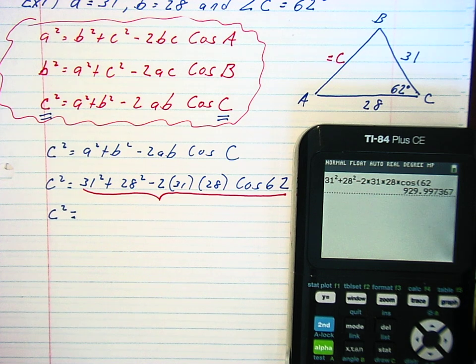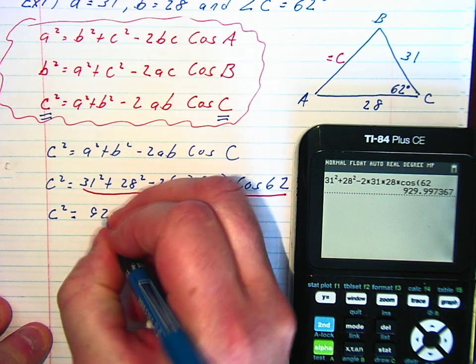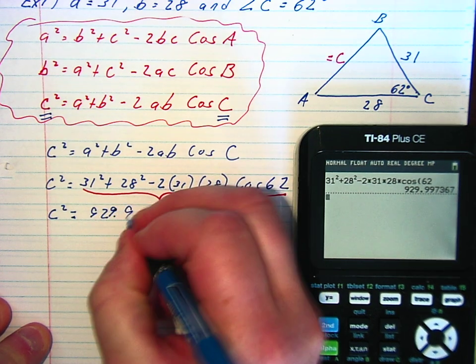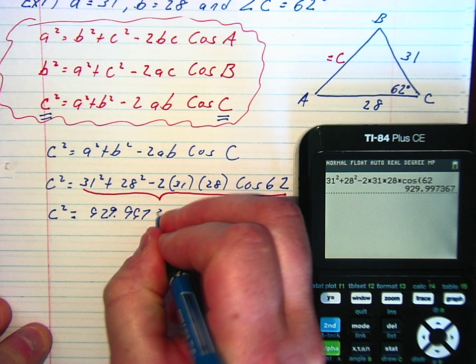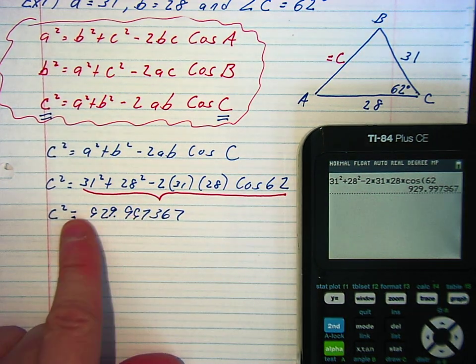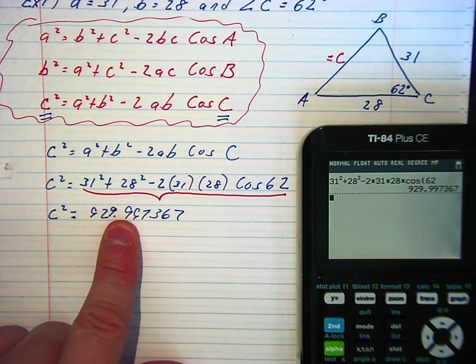All right, now that is not your answer. That is c squared. So that would be 929.997367. Now, I don't even want you writing this. Don't write out all those decimals, and certainly don't round it. If you round it, you're going to get it wrong.